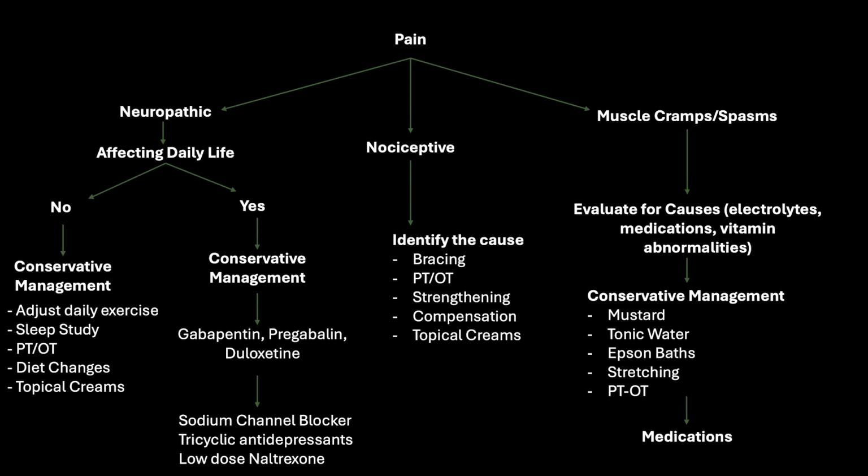We put tonic water here. Tonic water has something called quinidine in it. Quinidine is a great muscle relaxer. It's no longer on the market as a medication, but you can get tonic water generally at any grocery store or pharmacy.